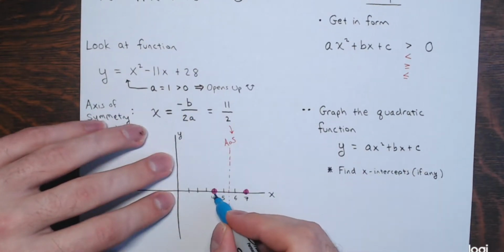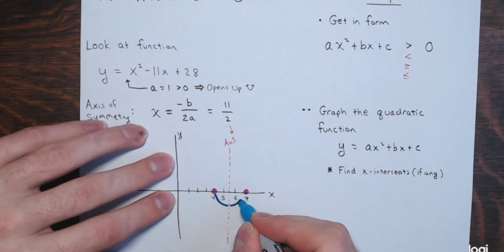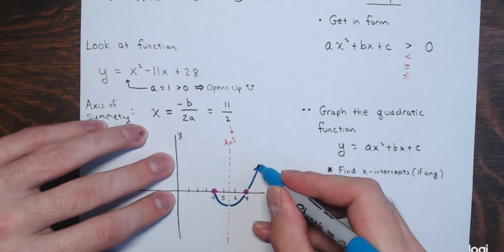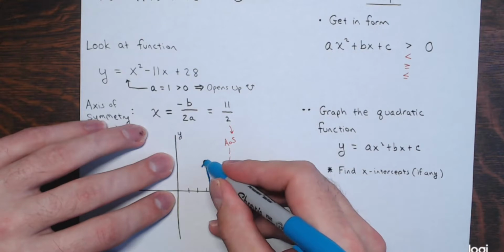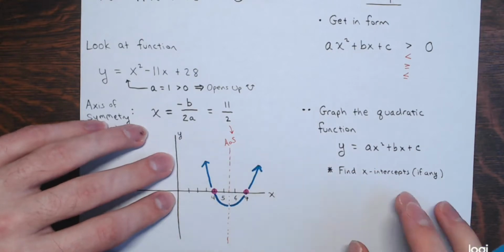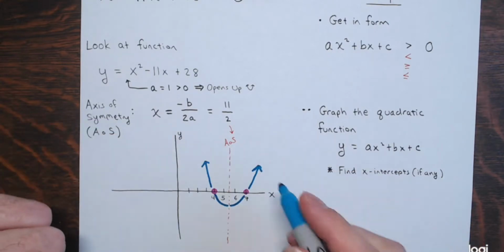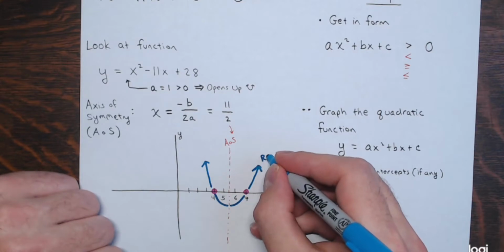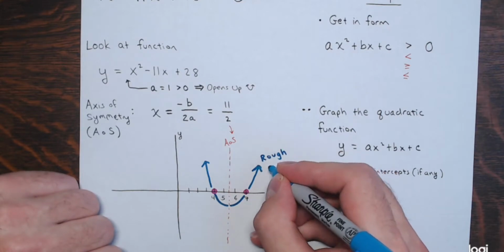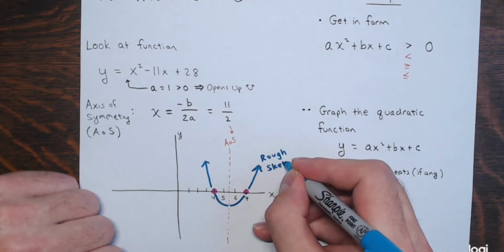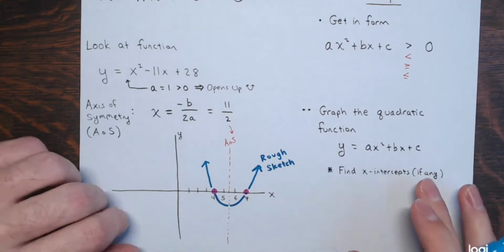I know it's got to open up. It's got to do something like this. Something like that. Again, that's a very rough sketch of the parabola. But it's enough.